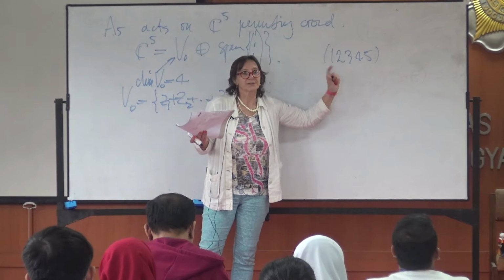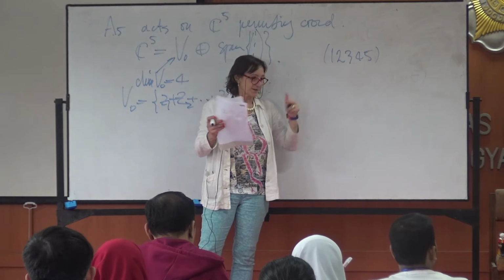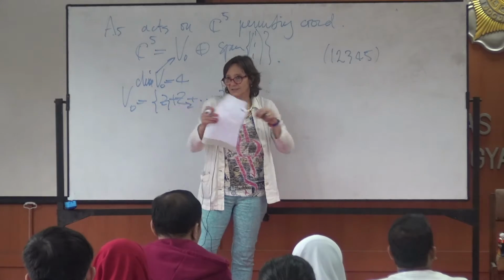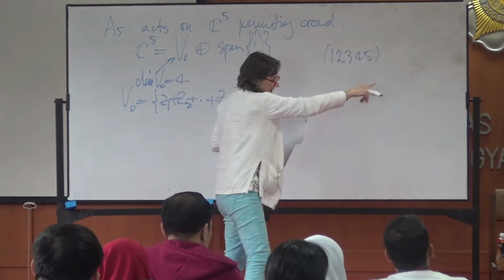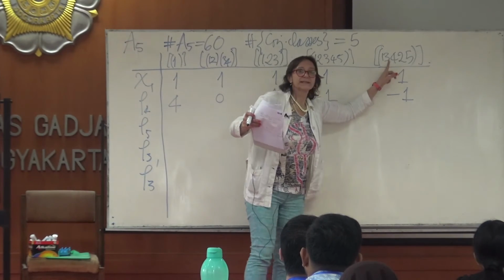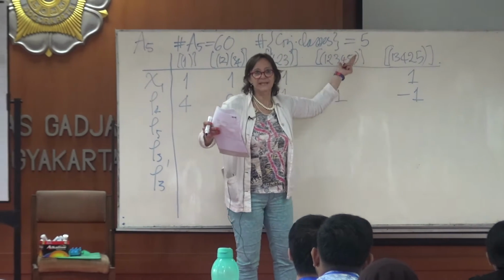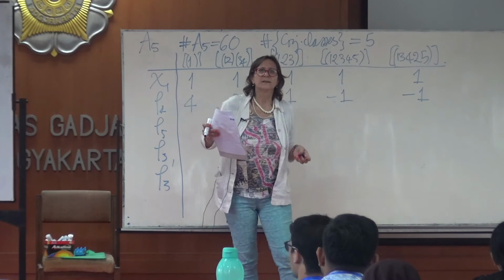So we cannot conjugate all 5 cycles in A5. And in fact, we have 2 conjugacy classes. As you see, for instance, these two are conjugated in S5, but not in A5. There is no even element that conjugates them.